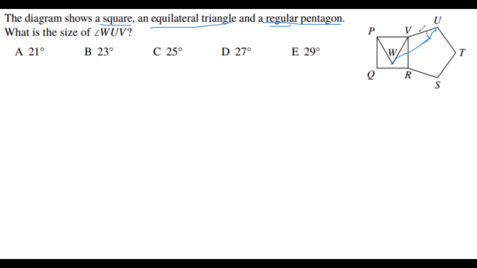So it's very important to realize that VU and WV are equal. That means WUV is actually an isosceles triangle. And so what does that mean? That means this angle U is also equal to the angle UWV, right? So we don't have to find every single angle within the triangle. We only need to know just one of them.